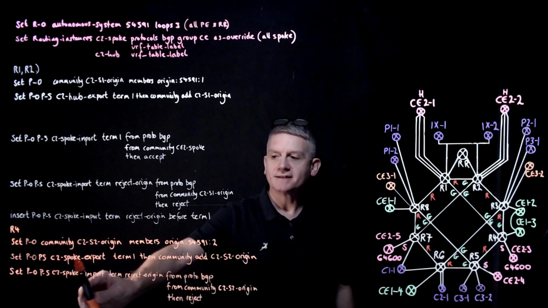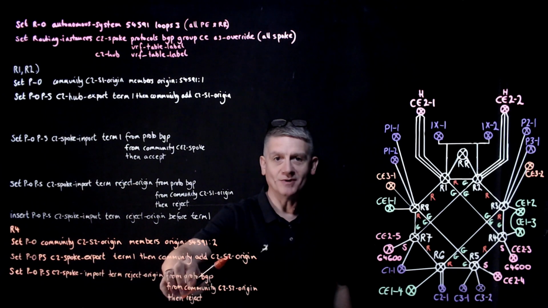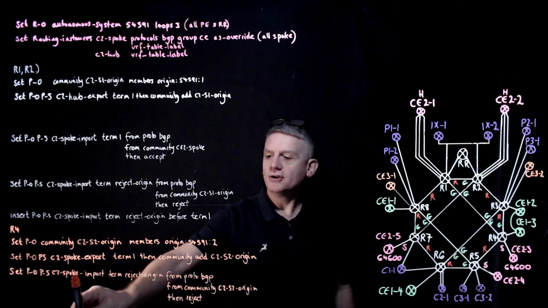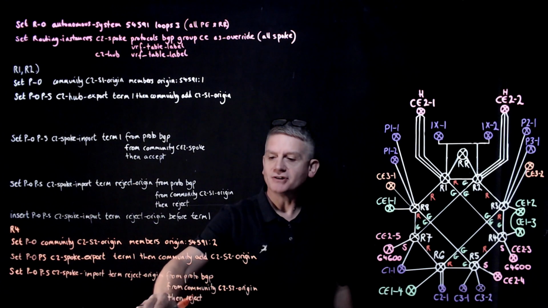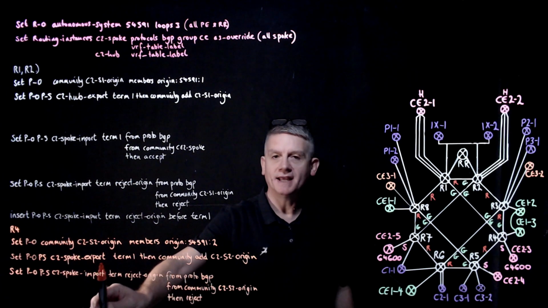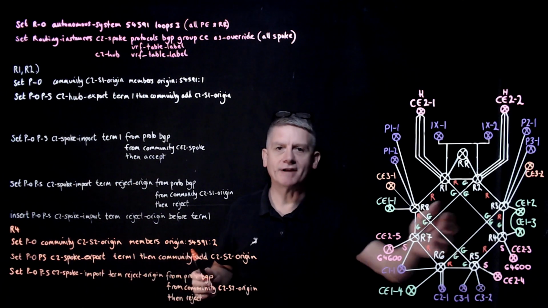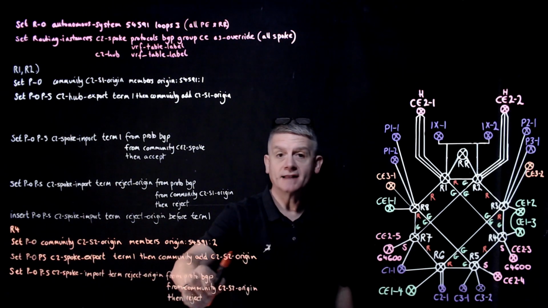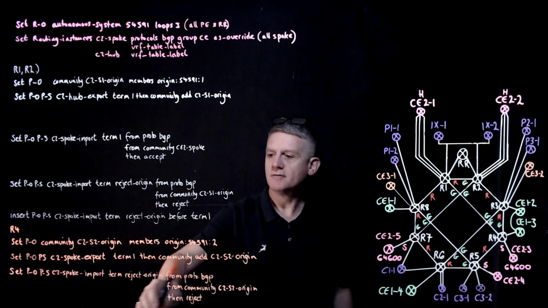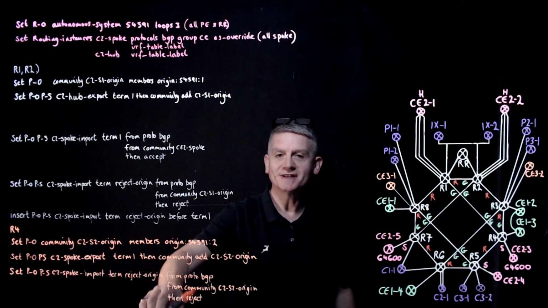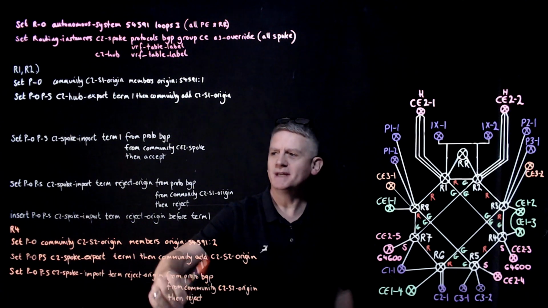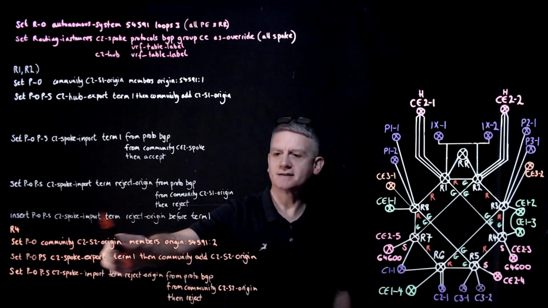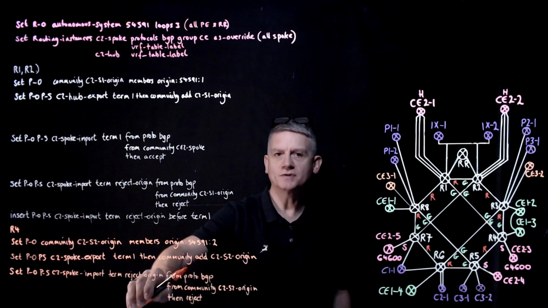We're adding the new origin to the spoke export, and then blocking that new origin on the spoke import. Remember, there's a single VRF here, with an export and an import. On the export, we can just add this community straight away. It's an add, not a set. On the import, we have to make sure this goes before term 1, so we need to use the same technique of insert this term before term 1.